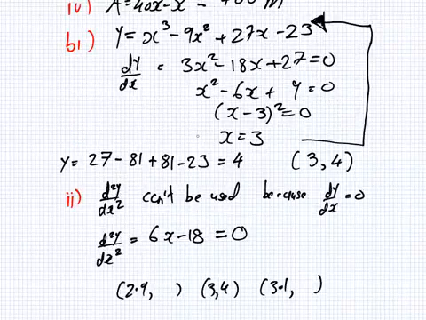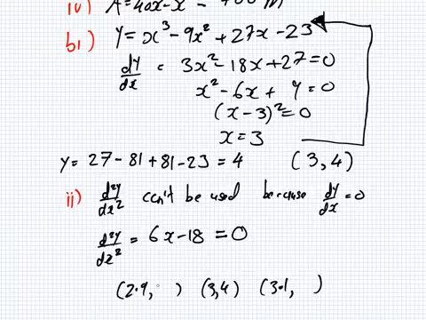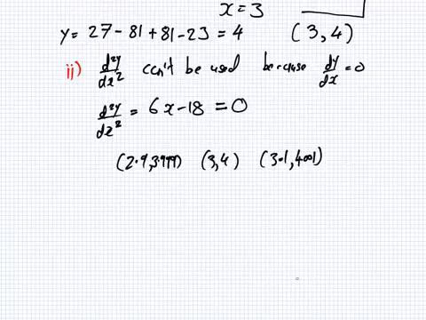What did you get? 3.9. Yeah, okay. 3.999. And then this must be something like 4.001. Yeah, as I thought.